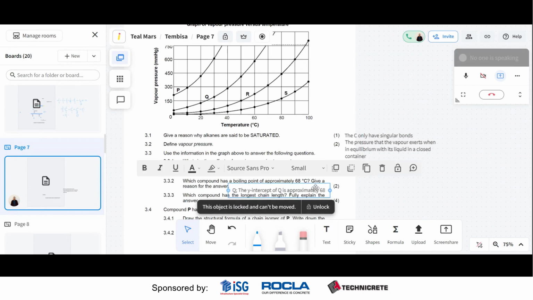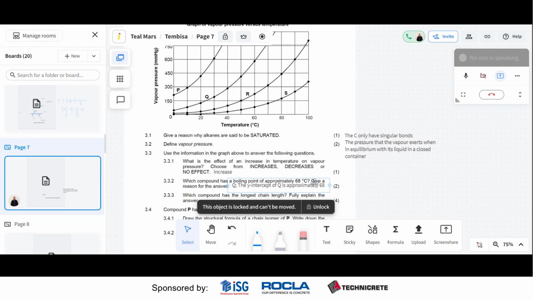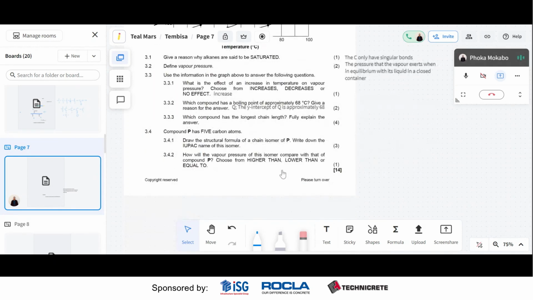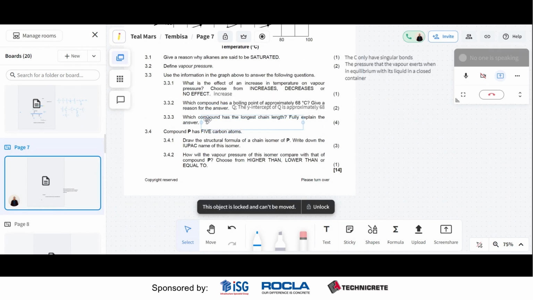There we go. Okay, and we can fit that one over there. Then, which compound has the longest chain length? Fully explain your answer. Well, like we said, each time you go down the alphabet, you are adding more carbon. So obviously, in that case, S would be the last one, and so would be the longest chain length.